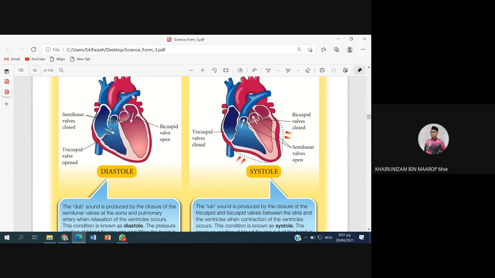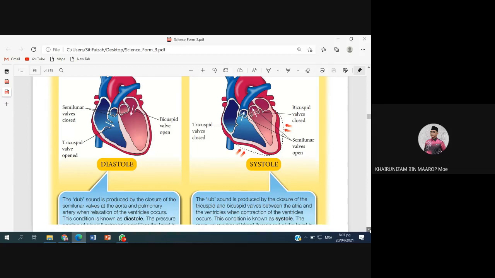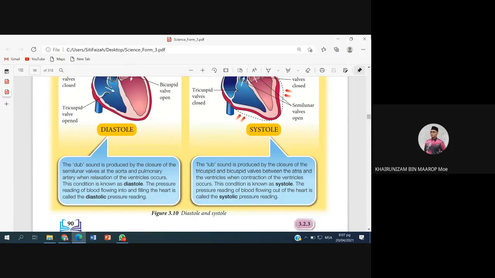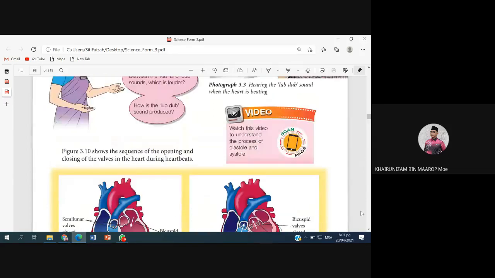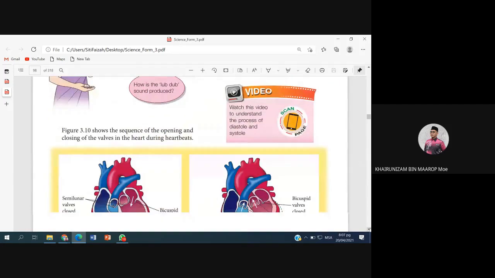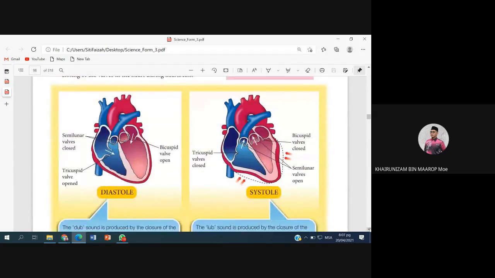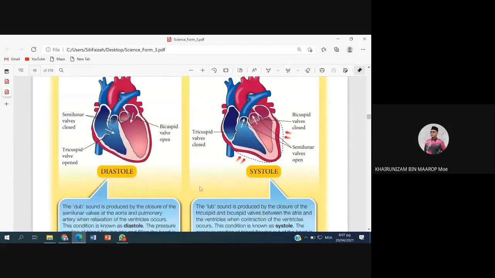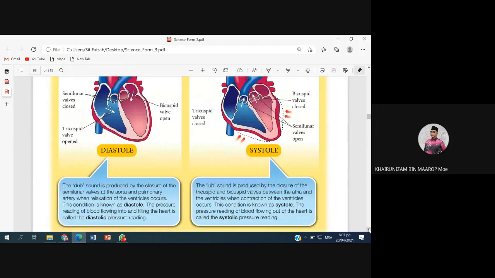So today we want to know what is diastole and what is systole, or systolic and diastolic. Here is the structure of the heart. When the heart makes a diastole, the sound is like dup, dup.